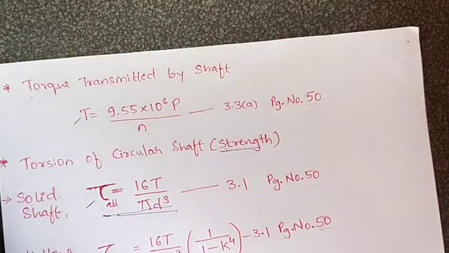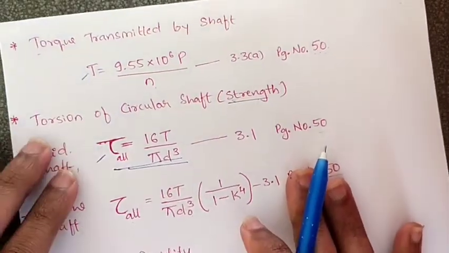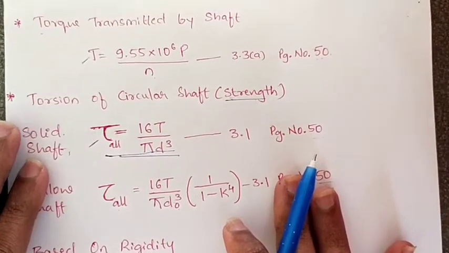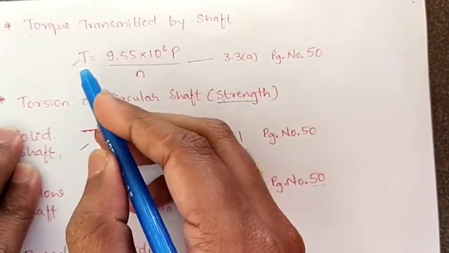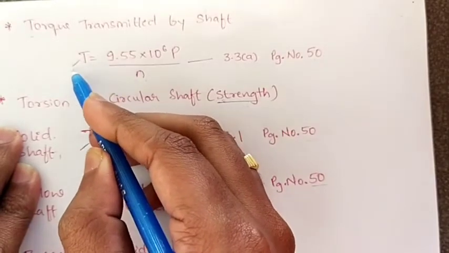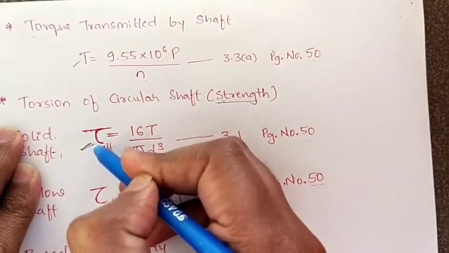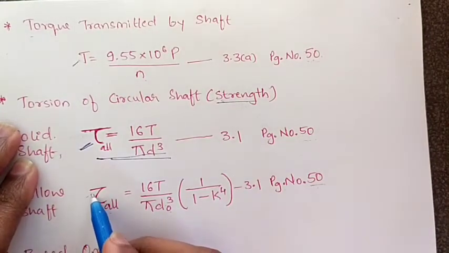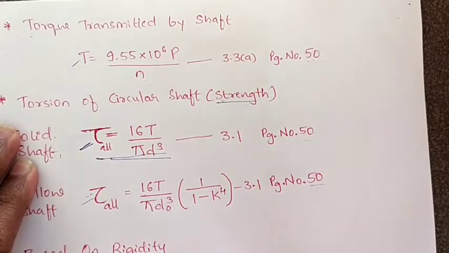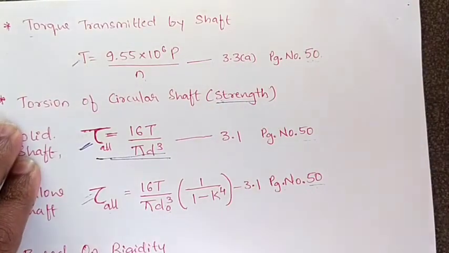In this problem we are using this formula, and when we consider a hollow shaft we will use the other formula. So we will take one problem on this, and then we will solve a problem on the hollow shaft.